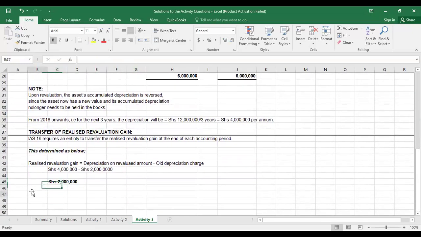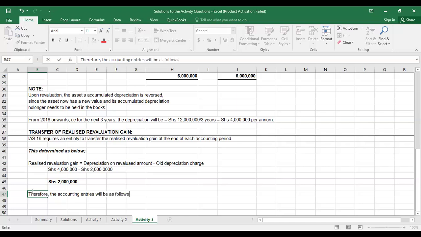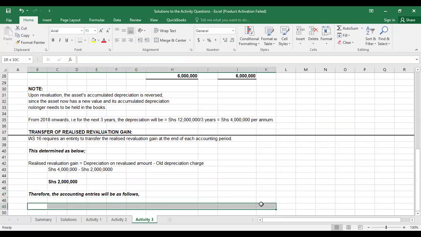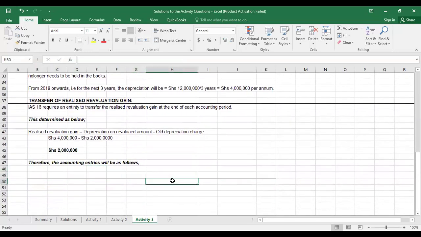So therefore, the accounting entries will be as follows. Shall have a debit, then credit.